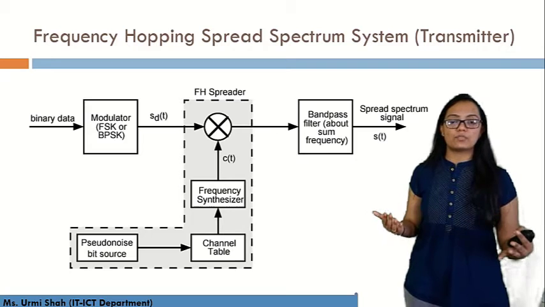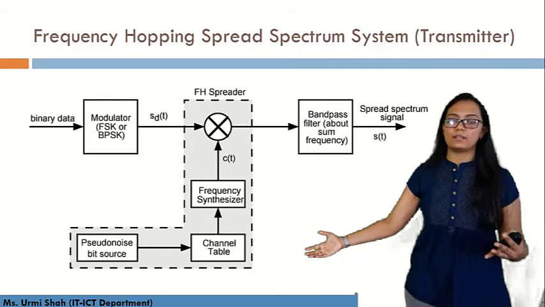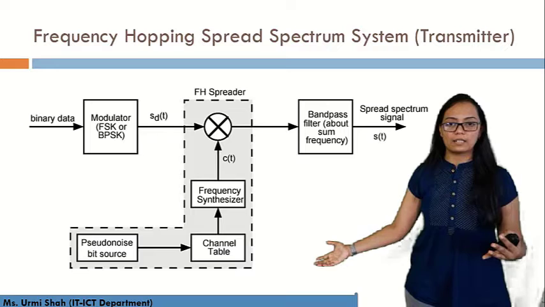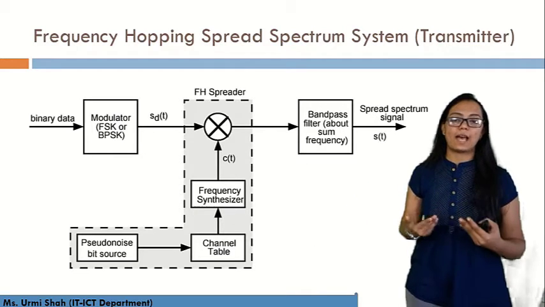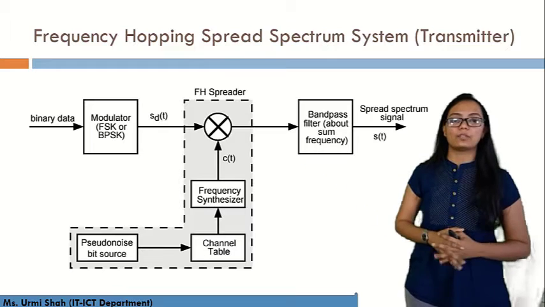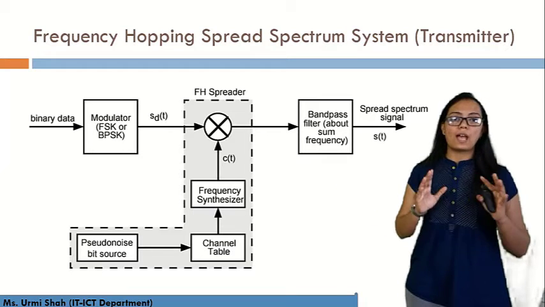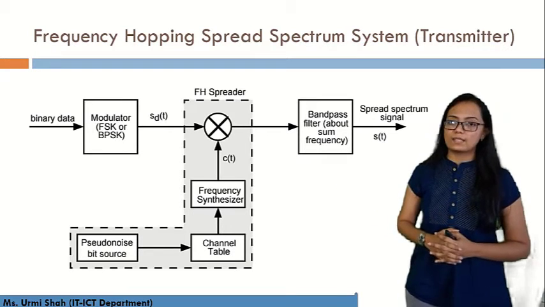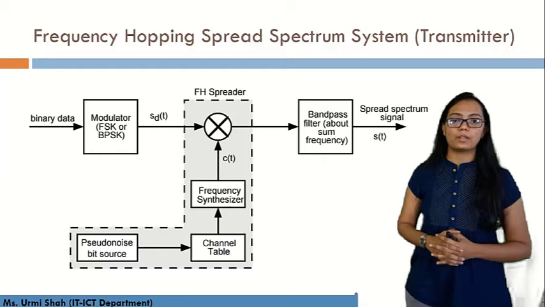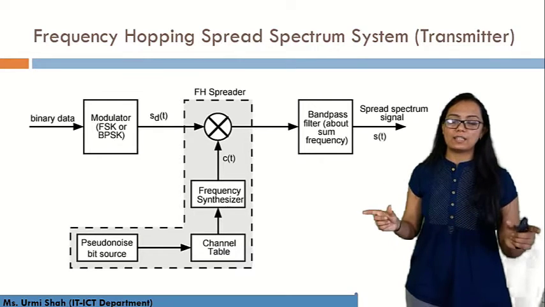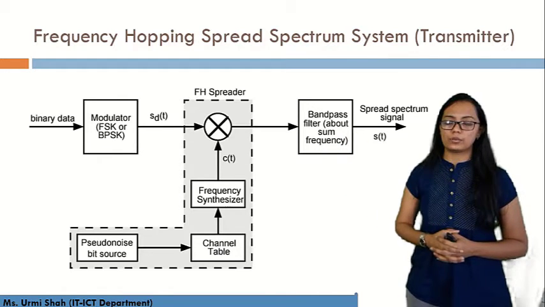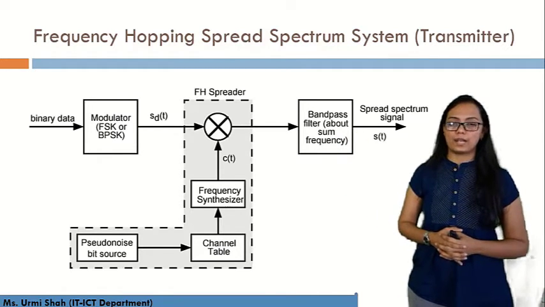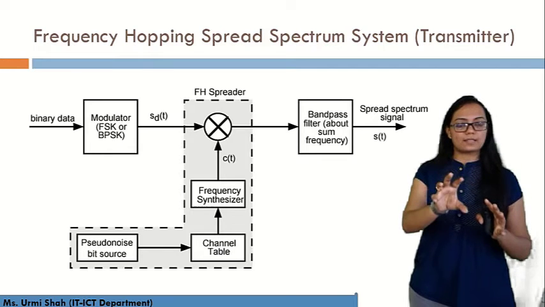A random sequence is generated, and from the channel table specific signals are picked up by the synthesizer. That C of t is generated by the frequency synthesizer after performing specific synthesis related to the frequency ranges of the signal, and it is further processed to the FH spreader. It is nothing but a mixer.